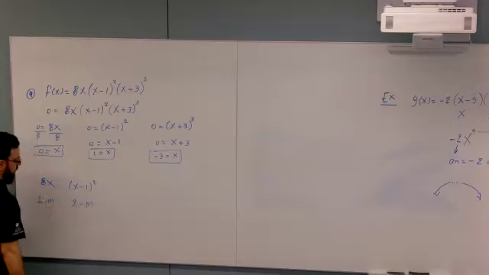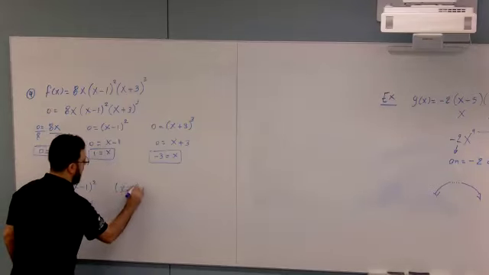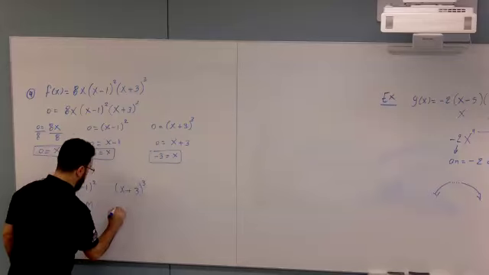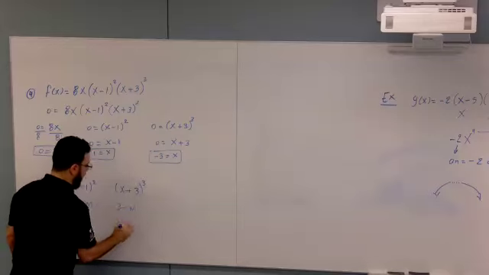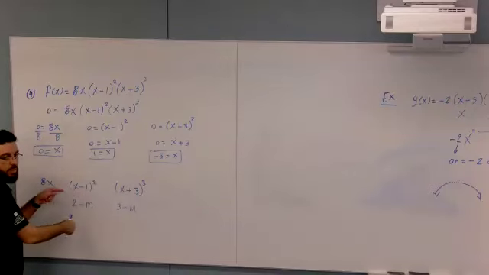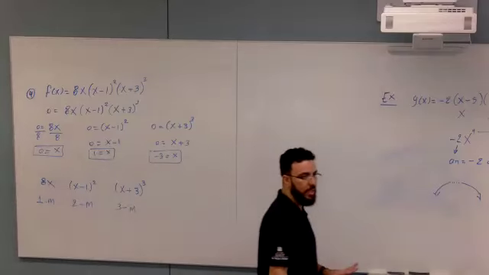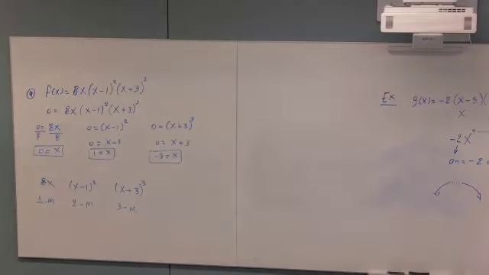On the third one, which is x plus 3 cubed, how much is the multiplicity? That means this one is repeated 3 times. This one is repeated 2 times. This one is only 1 time. Is that okay? That's the multiplicity.